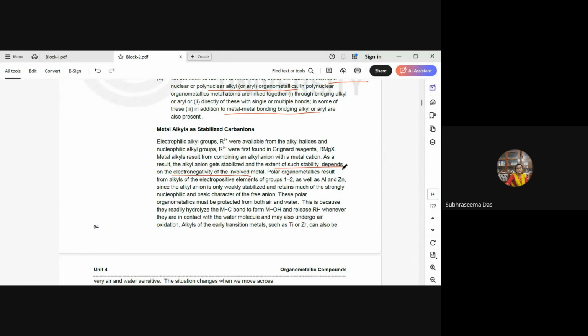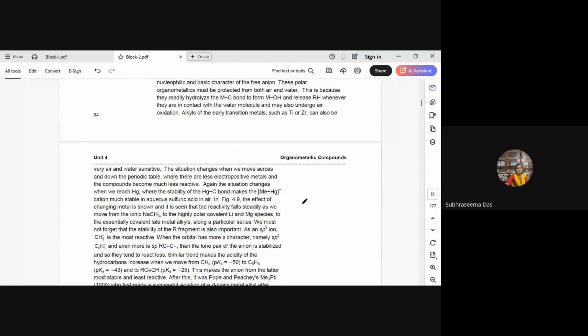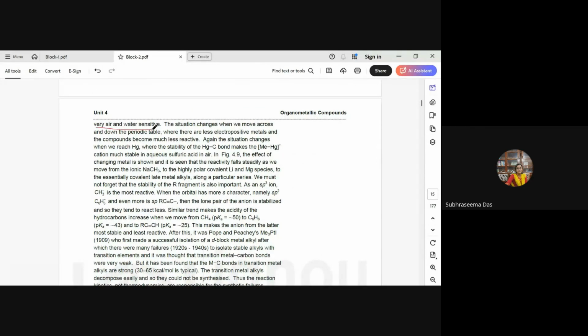Polar organometallics result from the alkyls of the electropositive elements of groups 1 and 2, and sometimes of elements like aluminium or zinc. Alkyls of the early transition metals, such as titanium or zirconium, can also be very sensitive to air and water.